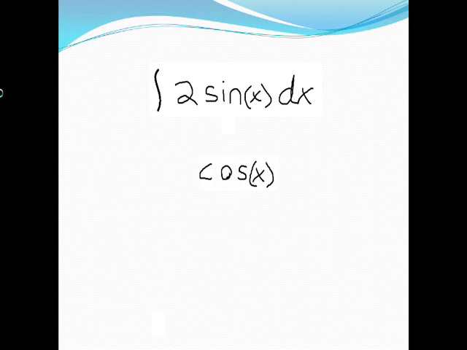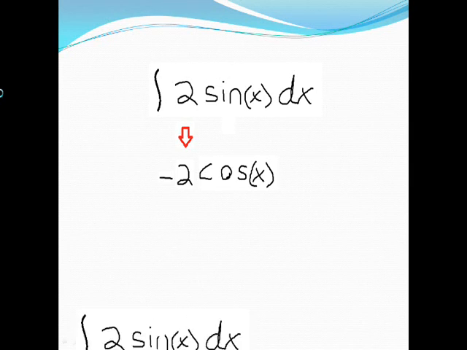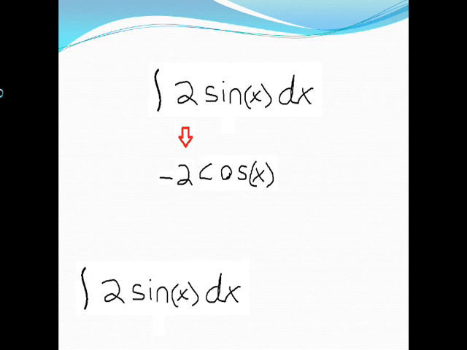So what you need to do now is drop down the 2, and then if you have sine as the derivative of a normal function, the normal function has to be negative. So I just slide that in there. So your answer for 2 sine x dx is equal to negative 2 cosine x.